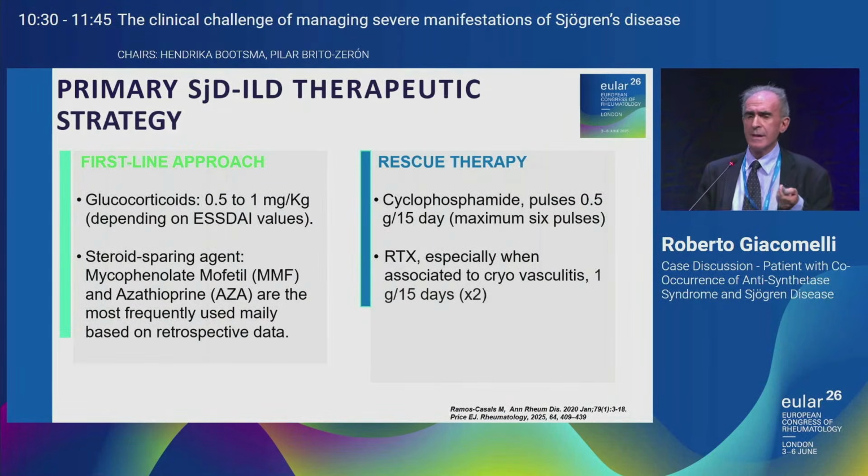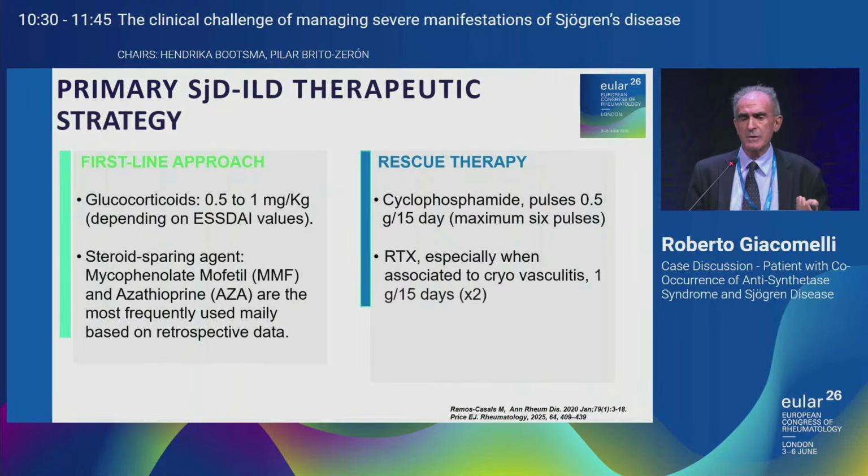How do we treat the interstitial lung disease in Sjögren disease? Generally, we divide our therapeutic strategies in two steps. The first step is the first line approach using high doses of glucocorticoids associated with a steroid-sparing agent, more frequently now mycophenolate, which is largely and widely used in these patients.